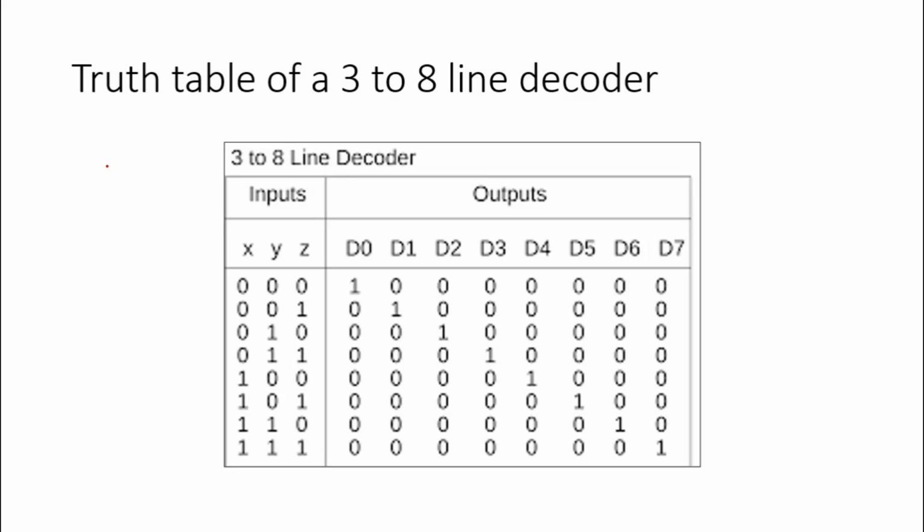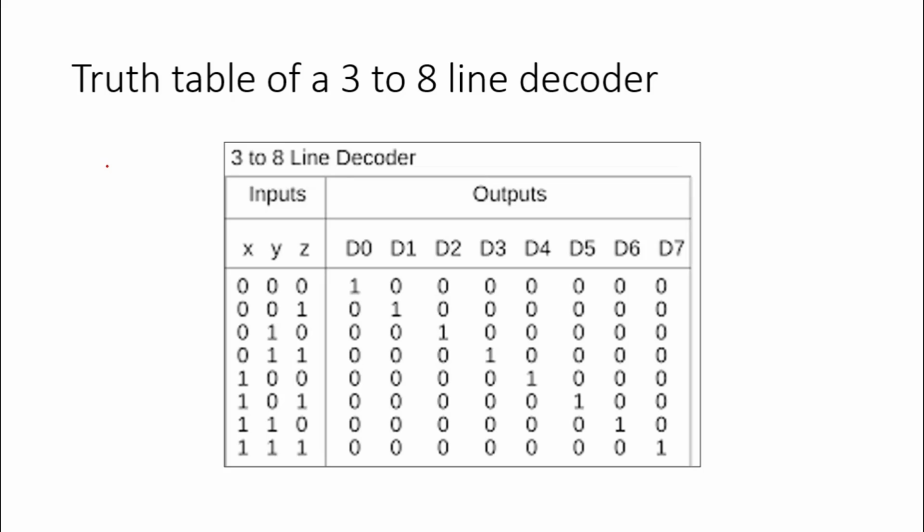The output line whose value is equal to 1 represents the minterm equivalent to the binary number presently available in the input lines. In case of D0, it is x complement, y complement, z complement. Similarly, D1 is 1 when x complement, y complement and z.